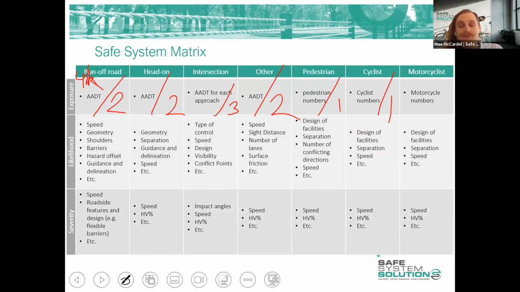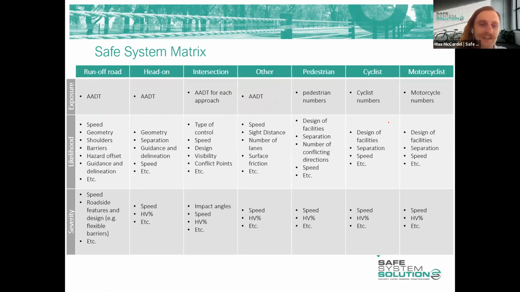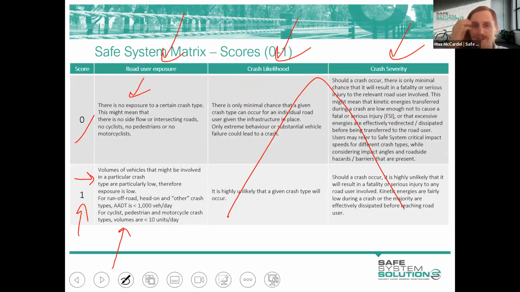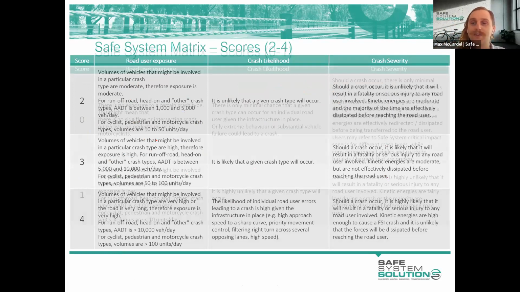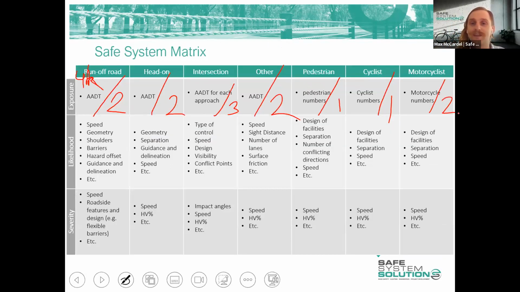So I've got 4,000 AADT. 1% of 4,000 is 40. I said that with a lot of apprehension. And I go back into my scoring sheet, and I know that if I'm between 10 to 50 units per day, I score it at 2. So I go back to my motorcyclist and I score 2.